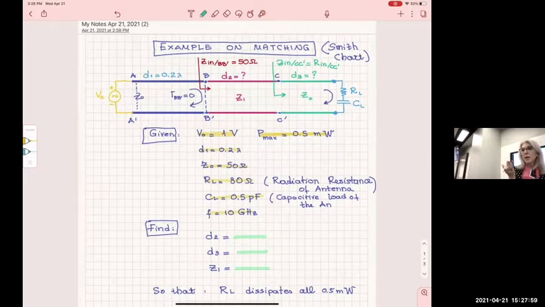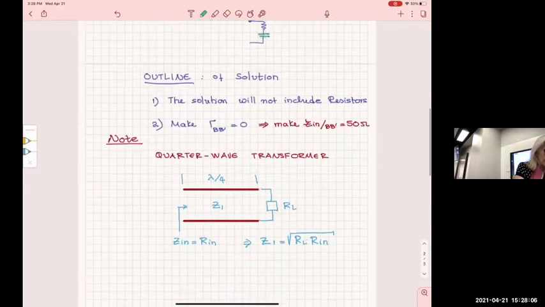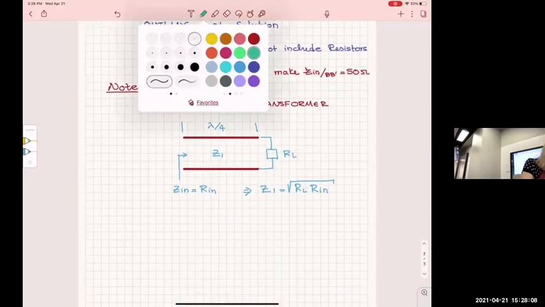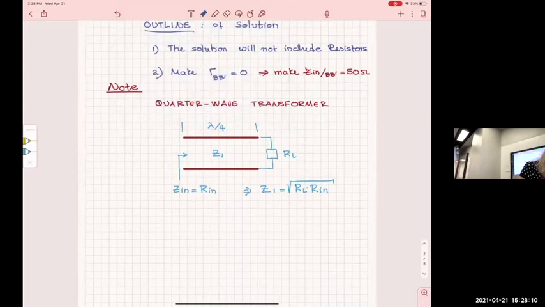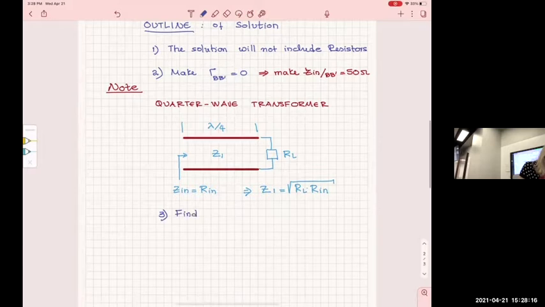And then immediately I will be able to find Z1 and D2. So now I'm writing it here. Therefore, 3: what I need to do is find the length D3.